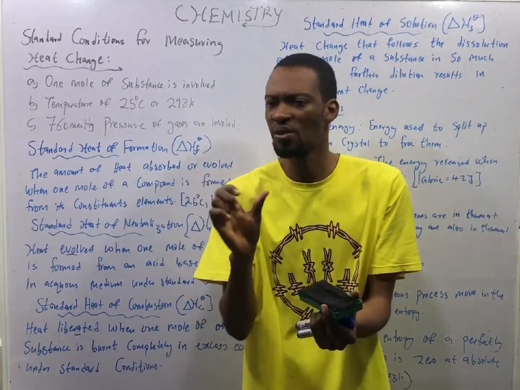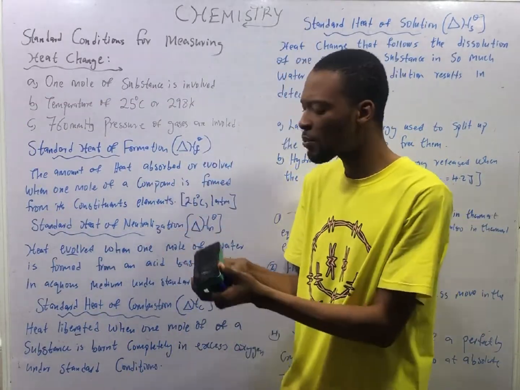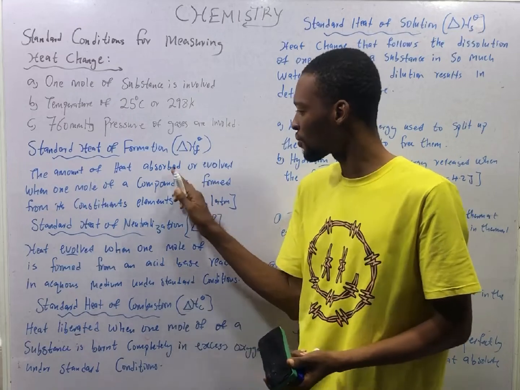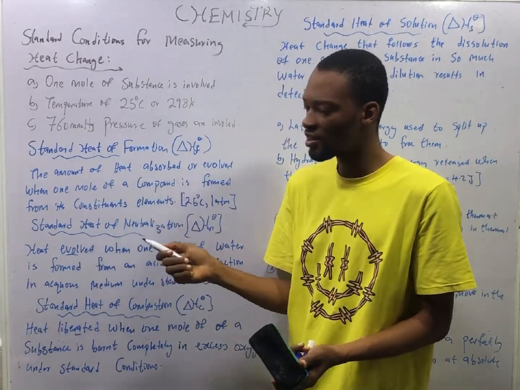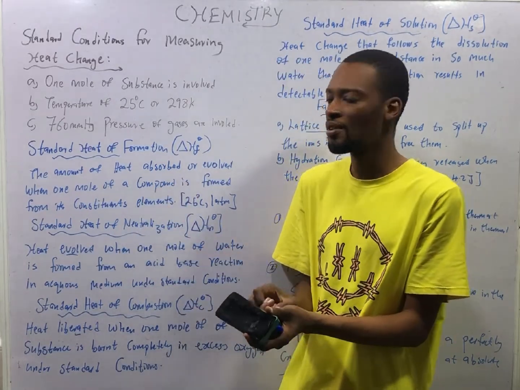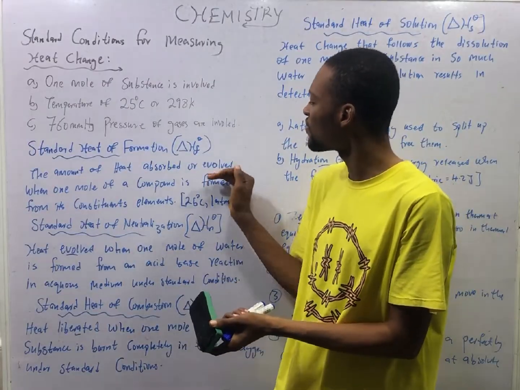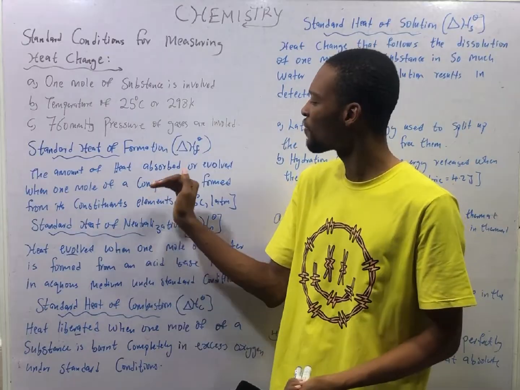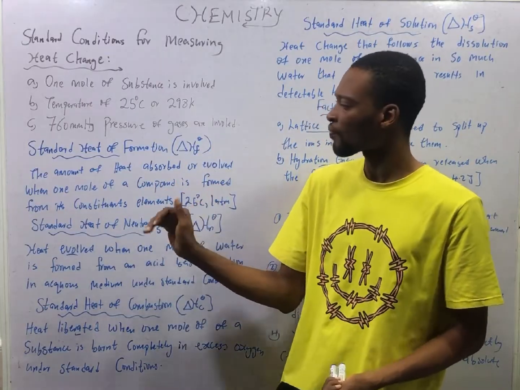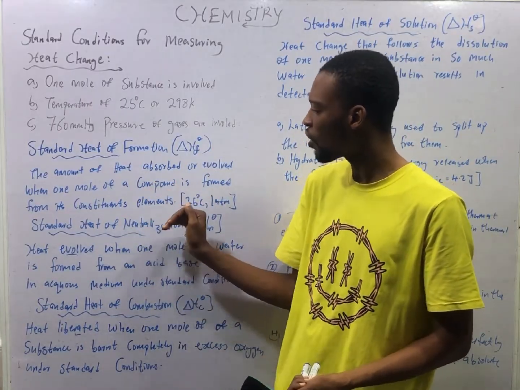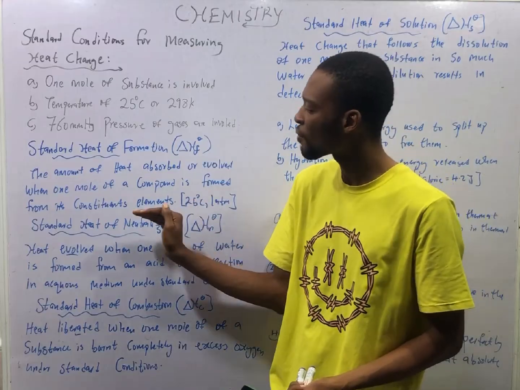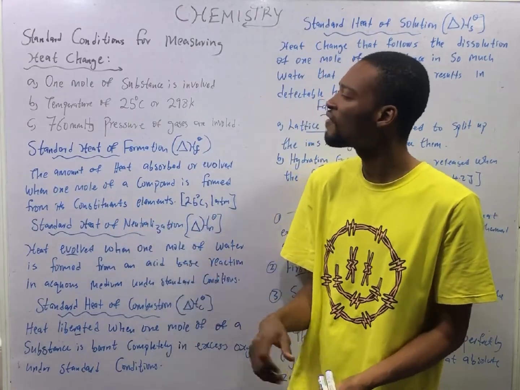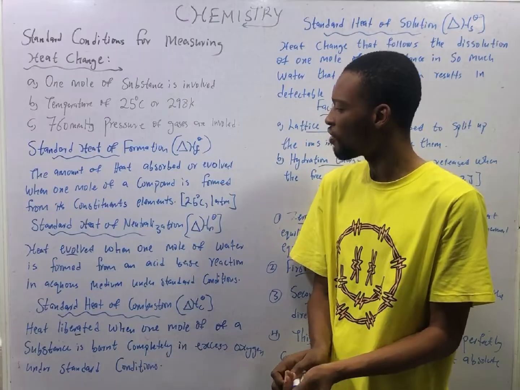Standard heat of formation is the amount of heat absorbed or evolved. If the heat is absorbed, then we are talking about endothermic reaction. If the heat is evolved, we are talking about exothermic reaction. So the amount of heat absorbed or evolved when 1 mole of a compound is formed from its constituent elements is referred to as standard heat of formation.